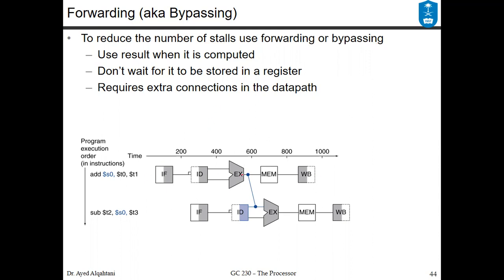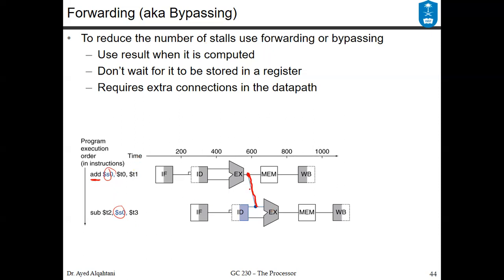So here we fetch, decode, and then we execute. When the execute happens, since this is an R type, we can get the result as early as here at this point, and we can forward it to the execute unit of the next instruction, because there is a data dependency on the S0 here, which is the RAW hazard.